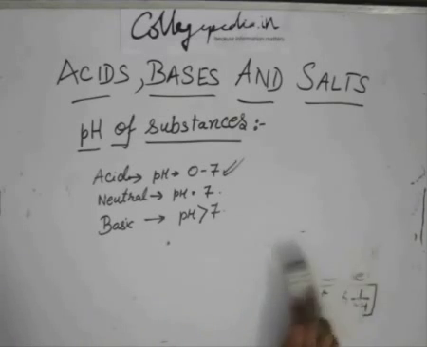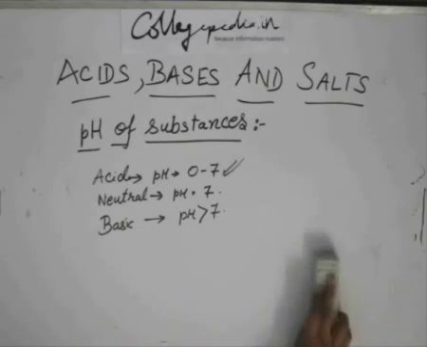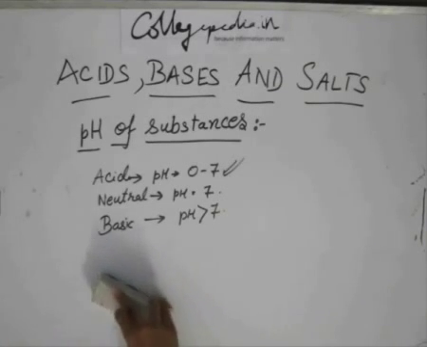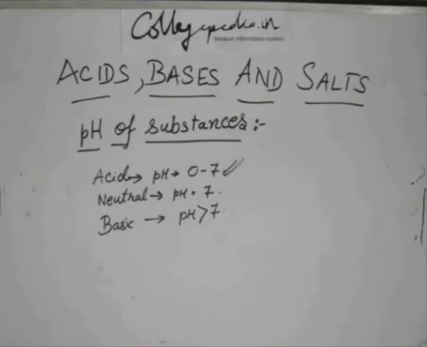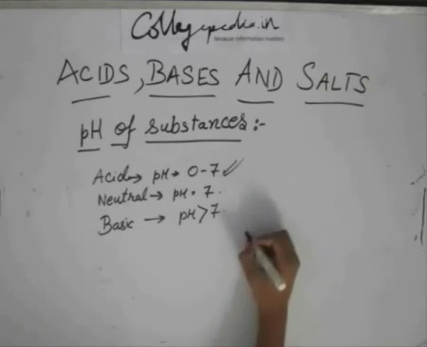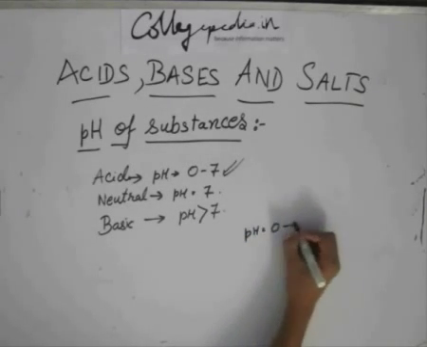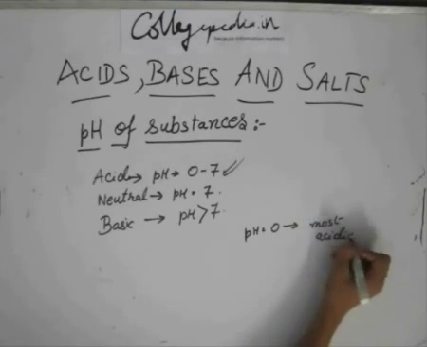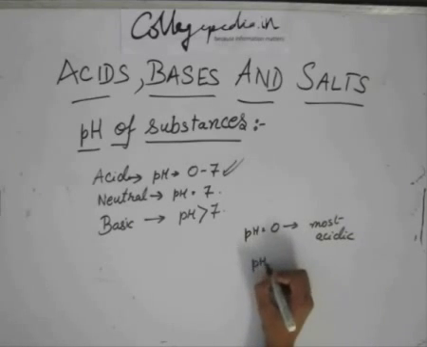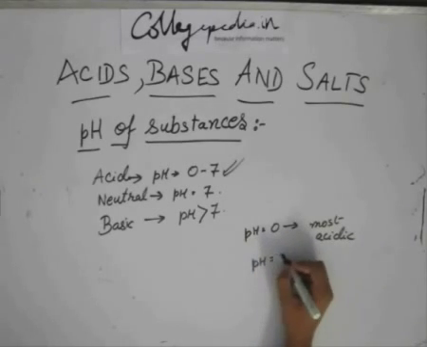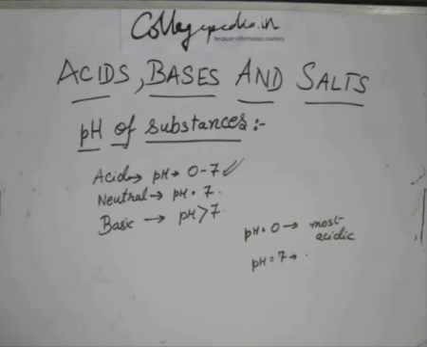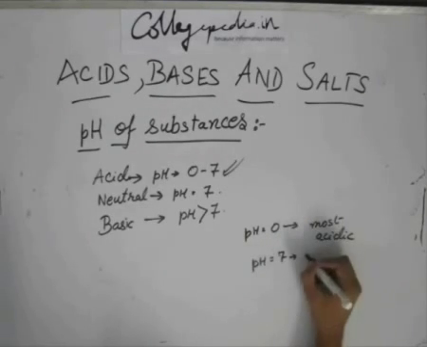So we can compare the acidic strengths of two acids by using this concept of pH. We see that pH 0 will be most acidic, and pH 7 will be neutral. pH 6.99999 will be the weakest acid, and at pH 7 it becomes neutral.